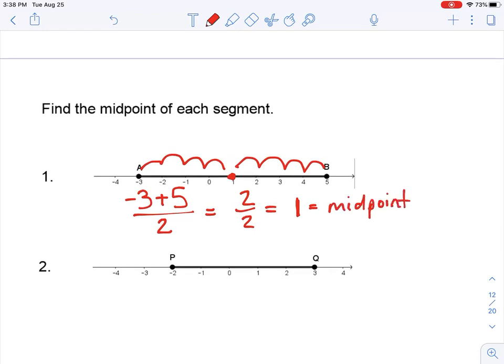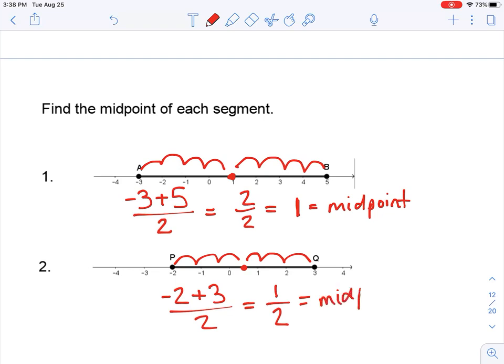We also have our average for number 2. Negative 2 plus 3 divided by 2. Well, negative 2 plus 3 is 1. Divide that by 2 and we get a half. We can check it by counting again. So 1, 2, and a half. 1, 2, and a half. So a half is our midpoint.